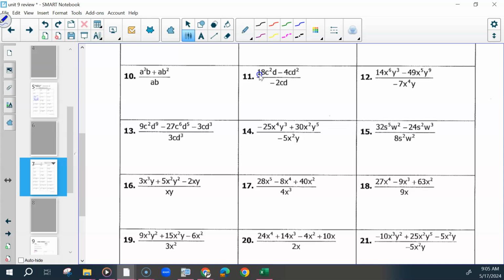What do they have in common? 2, 1c, 1d. If I were to divide that, what's left from these two? So just from these two. 9c minus 2.